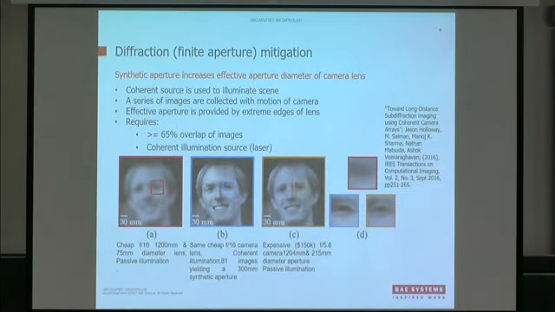So this is an approach that's used to improve the diffraction problem. What happens here is you have to shine a coherent light source, in other words, a laser, at the target, and then you can move your objective lens, and provided the different images get more than 65% overlap, you end up with a result that's the equivalent to having an objective lens that's the outer edges of where that objective lens is.